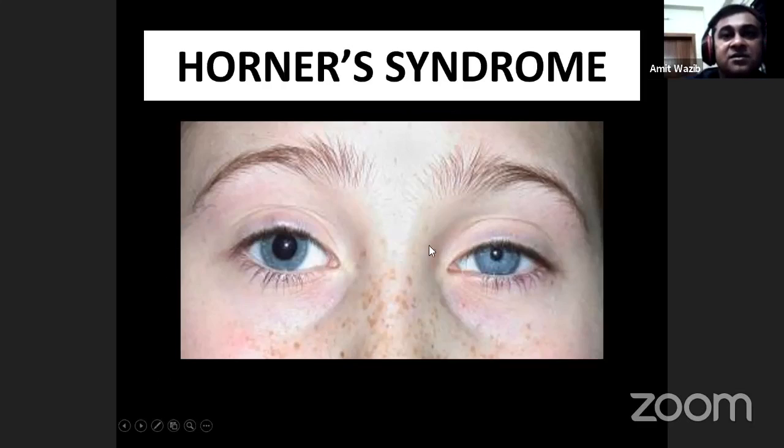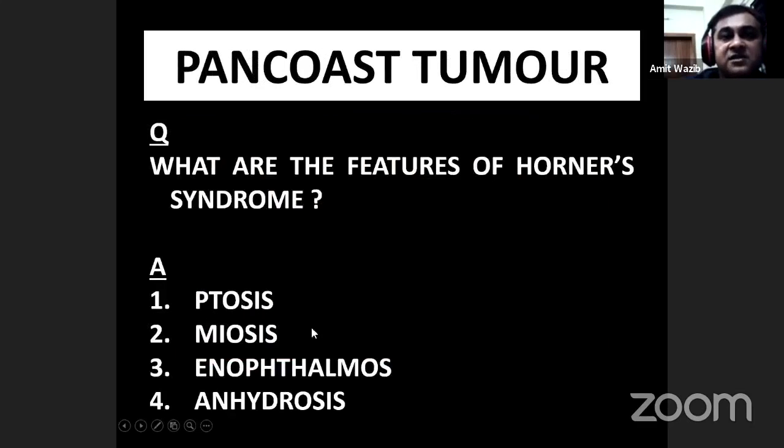So these four are the features of Horner syndrome, and one of the most common causes of Horner syndrome is Pancoast tumor. It occurs when the tumor invades the cervical sympathetic chain. Cervical sympathetic chain supplies the pupils, the eyes. Because of this abnormality in the eye, the parasympathetic nerve gets an upper hand.